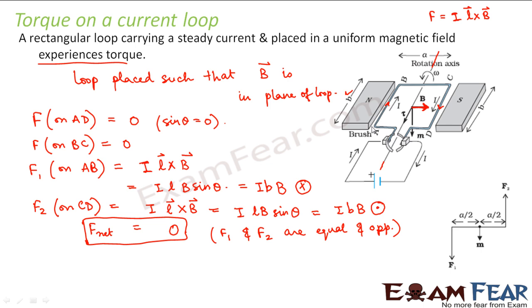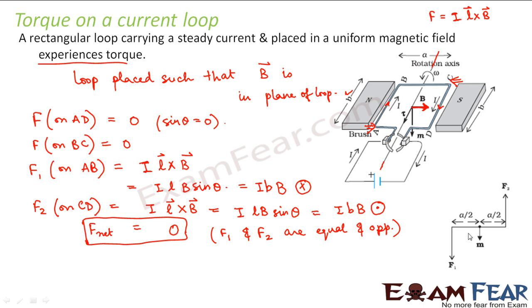You apply some force at this point and you apply some force at this point. Will the net force be equal to 0? The net force will be equal to 0, but because the lines of these opposite forces are not the same, a torque will start acting on it.